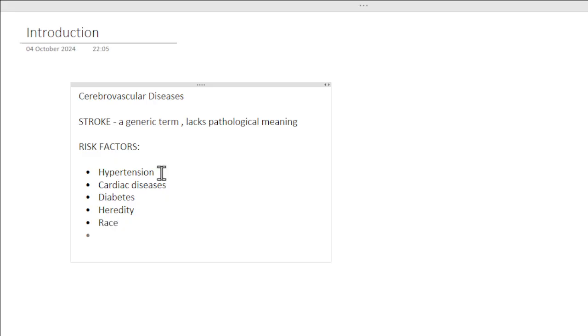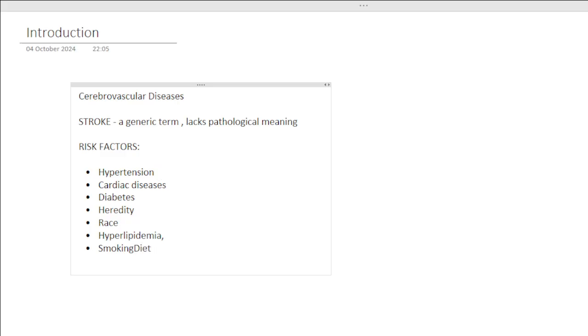Race, human race. We are going to talk about it. Don't worry. Then of course hyperlipidemia, or habit of smoking. You can say the diet factor also.